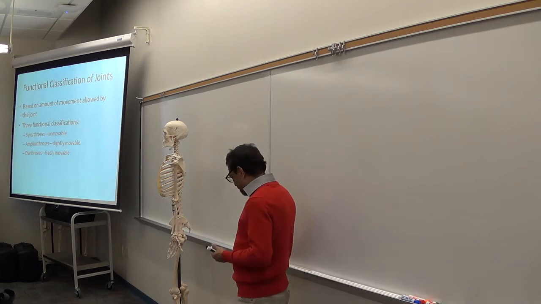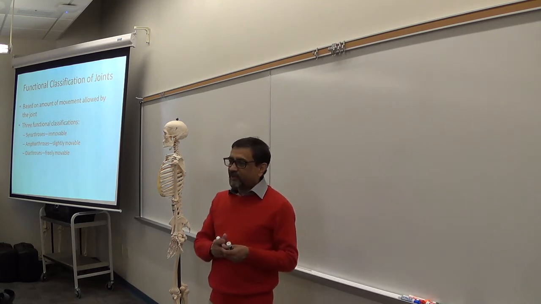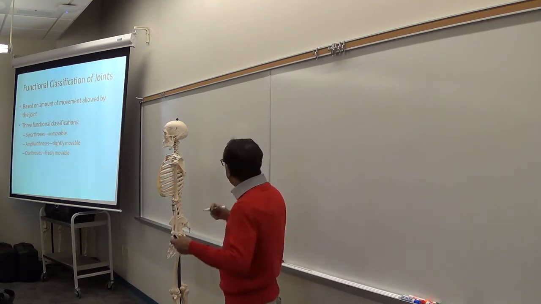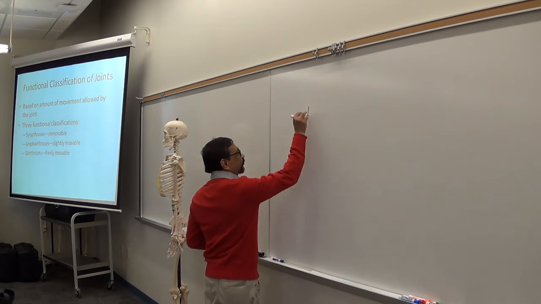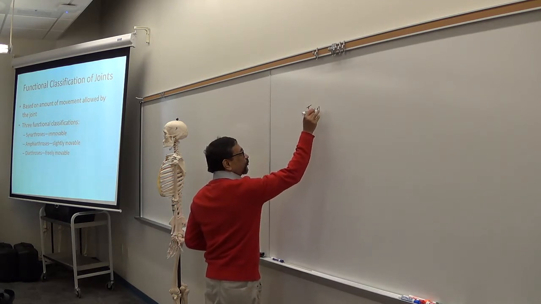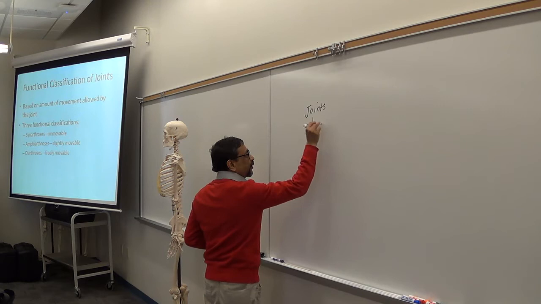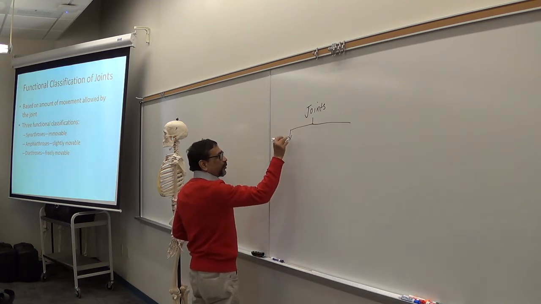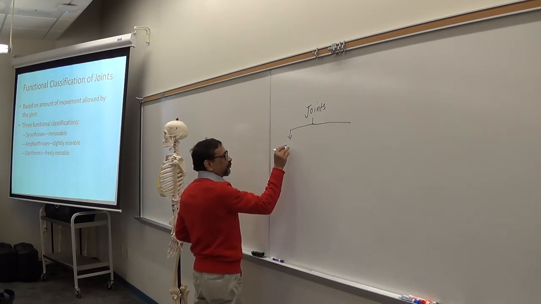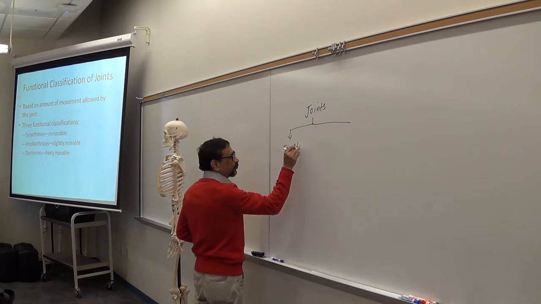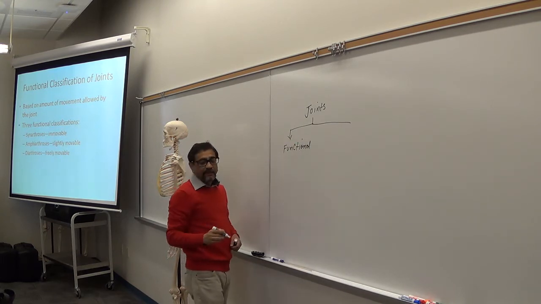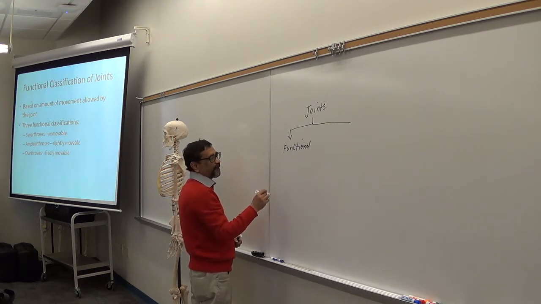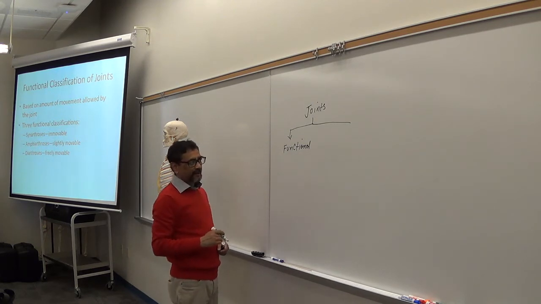So, classification. We divide the joints in two ways. One is functional classification, by looking at the amount of movement, how much movement occurs.